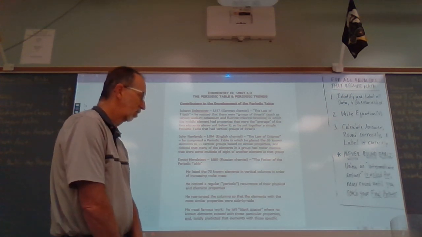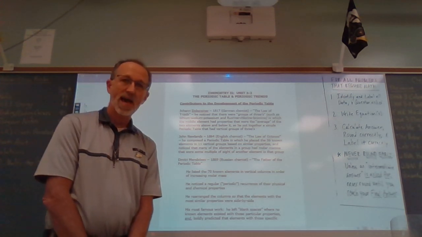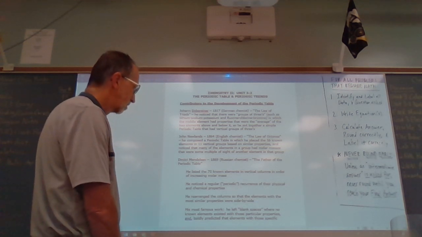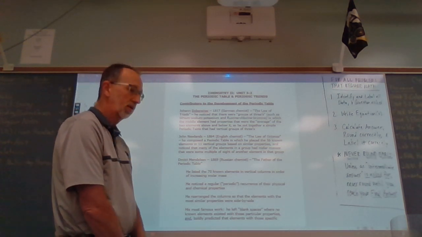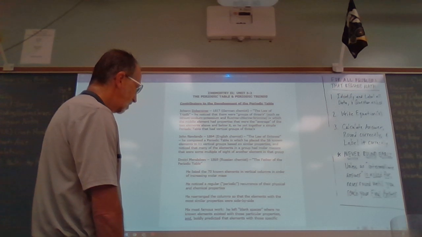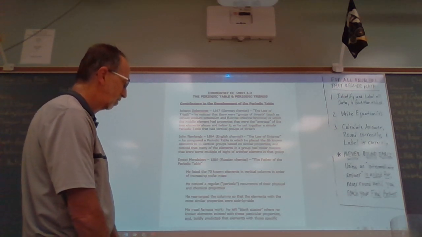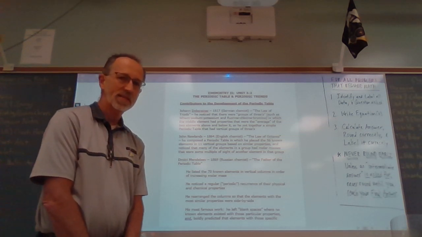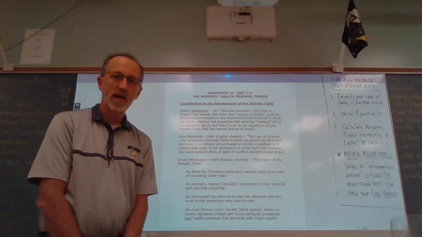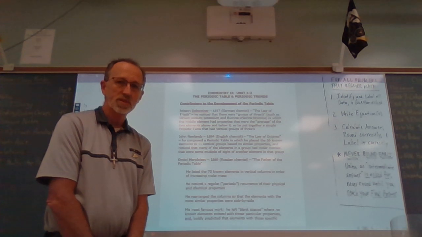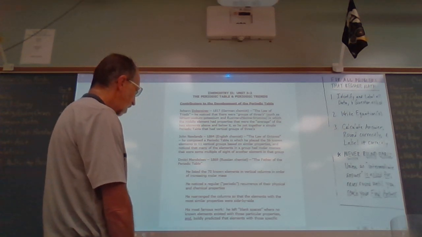He listed them in vertical columns in order of increasing mass, average atomic mass or molar mass. He noticed a regular periodic recurrence of their properties, both physical and chemical. He arranged the columns so that the elements with the most similar properties were side by side. So very similar to what Dobereiner and Newlands did, but now, just a little more extensive way.